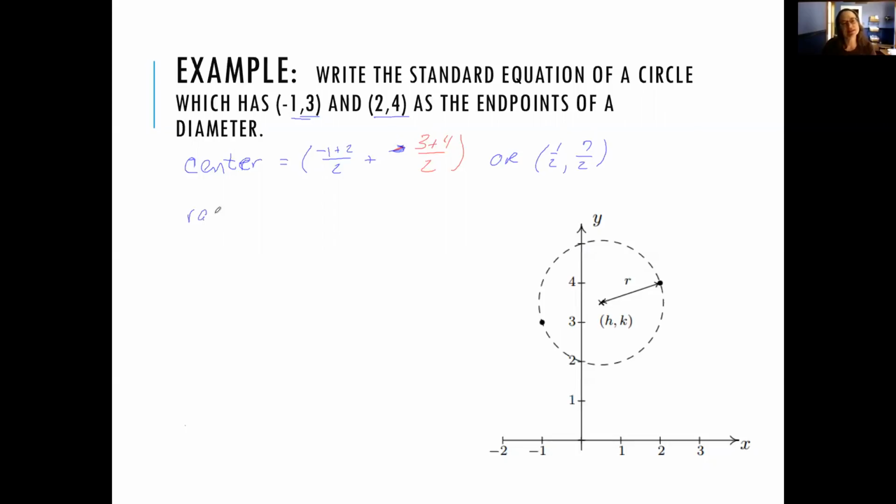Well, the radius is going to be half of the distance between those 2 points. So that's going to be 1/2 of the square root of the difference in the x's squared plus the difference in the y's squared.